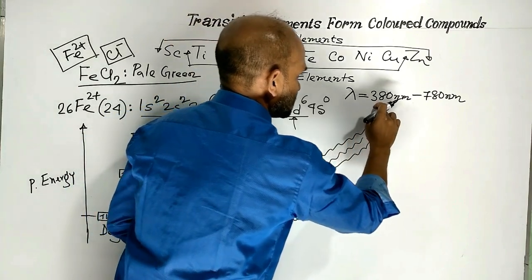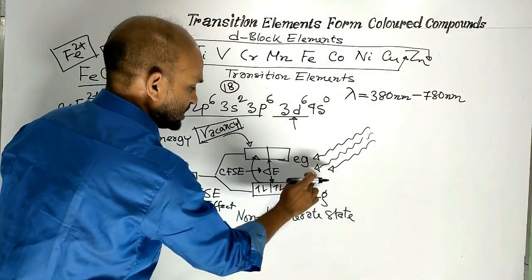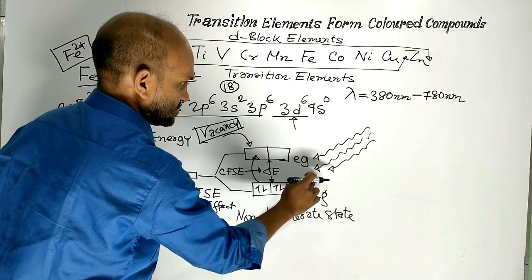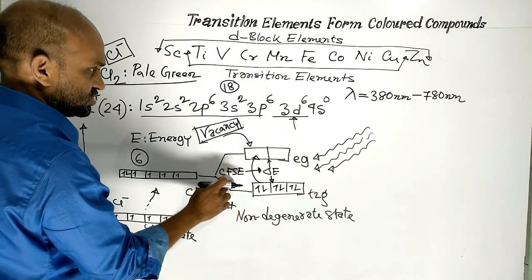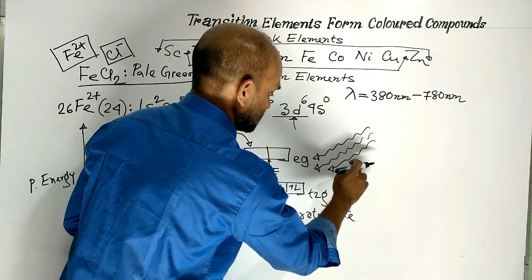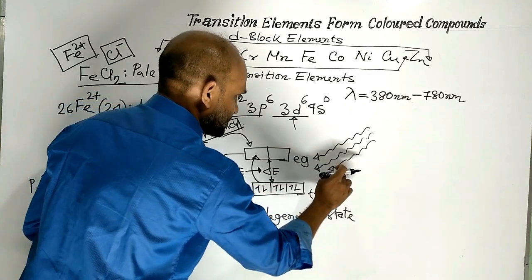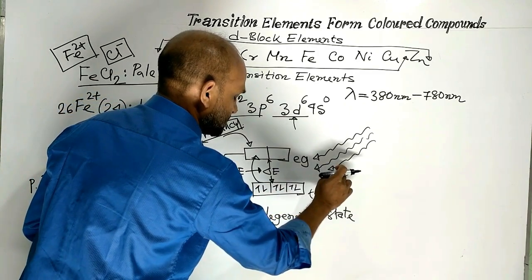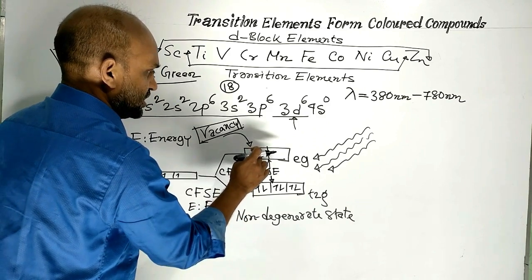Radiations with this wavelength are visible light radiations. So when this ion absorbs some radiations from the visible light region, electrons shift to the higher energy level.